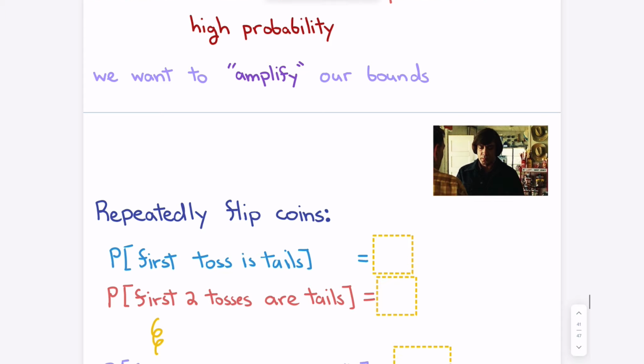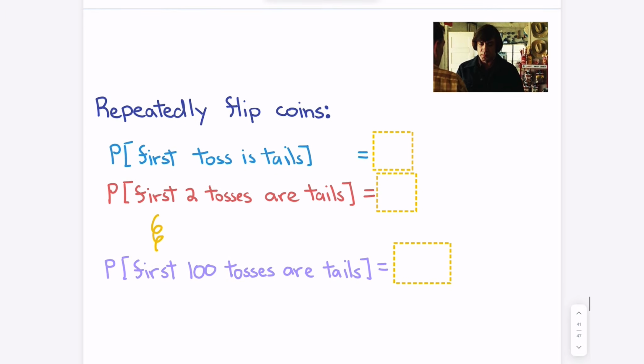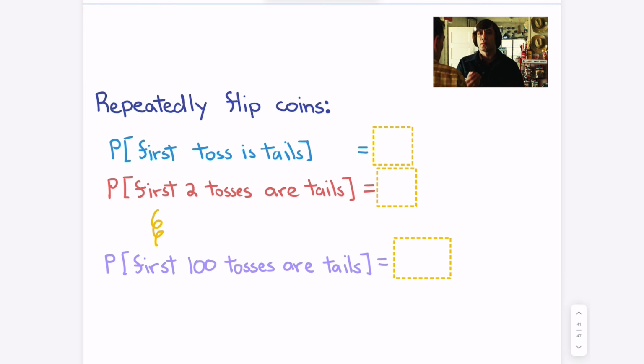Imagine I repeatedly flip a coin. What's the odds that the first coin toss is tails? 1/2. Now I throw another coin. What are the odds that both of the first two are tails? 1/4.